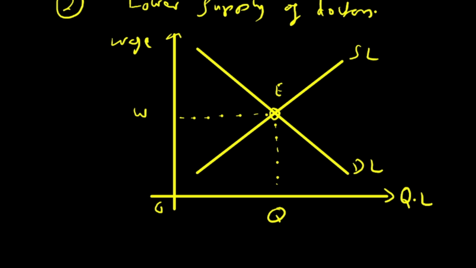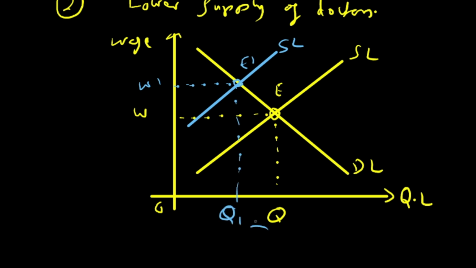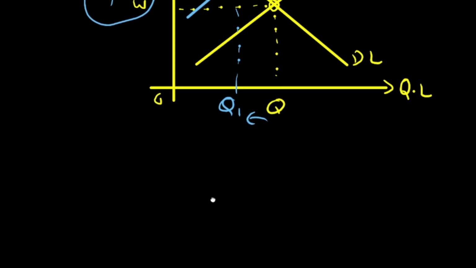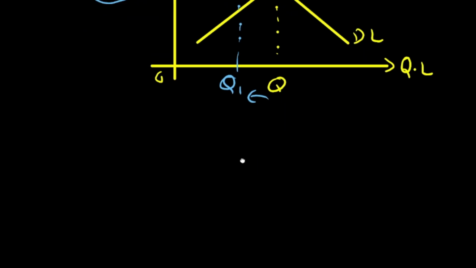Okay, so if supply of doctors is low, then the supply curve moves to the left from SL to SL1, equilibrium will move to E1, wages will rise to W1, and quantity will fall to Q1. So doctors may earn high wages because of their lower supply or fallen supply. And when you make a graph, you have to explain this graph as well.